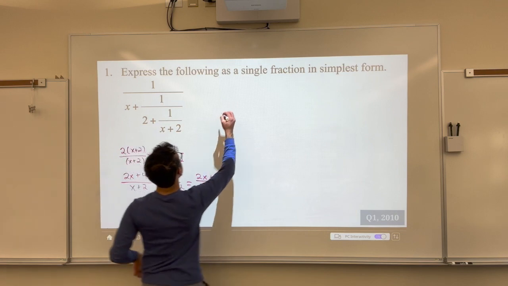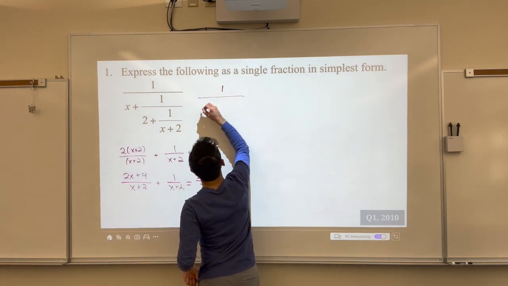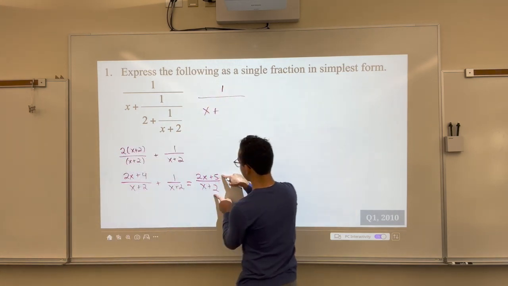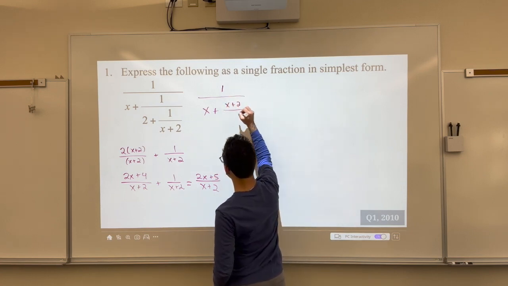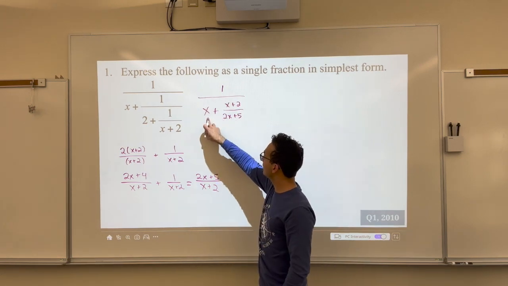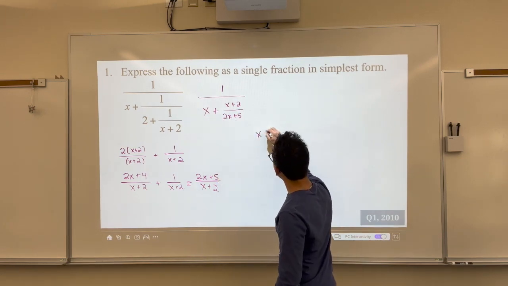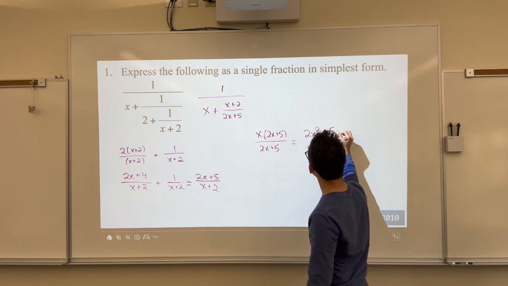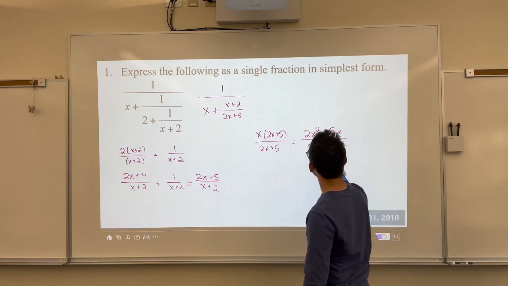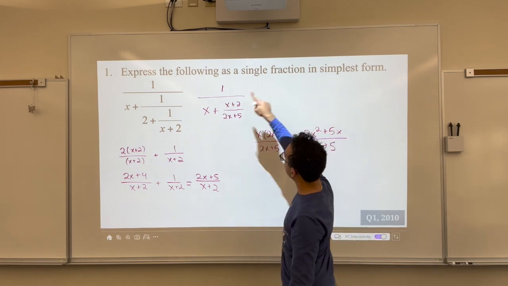So now we have the expression 1 over x plus, and then this but flipped, so it's x plus 2 over 2x plus 5. Now again, we're going to need a common denominator, so we need to multiply x by 2x plus 5 over 2x plus 5, and we end up getting 2x squared plus 5x over 2x plus 5, and then we need to add this one.